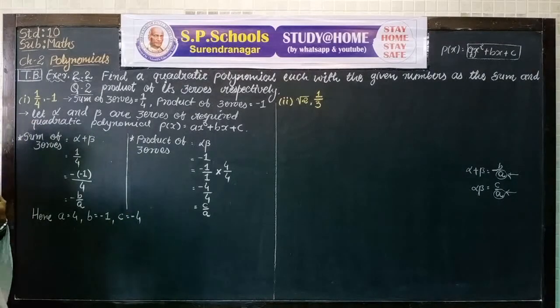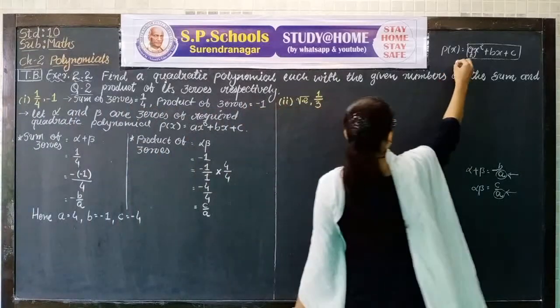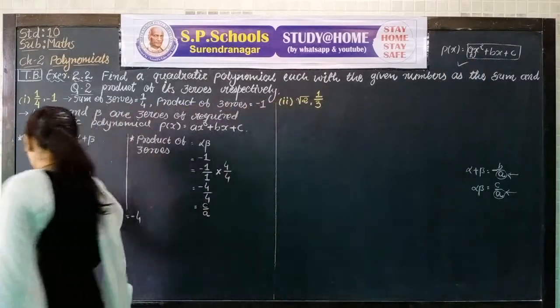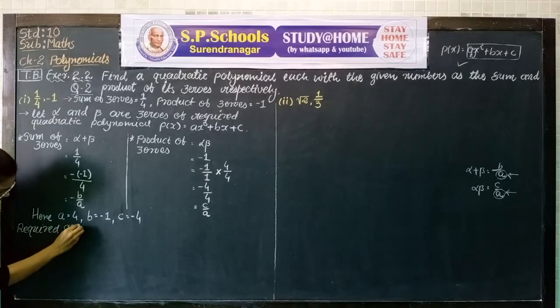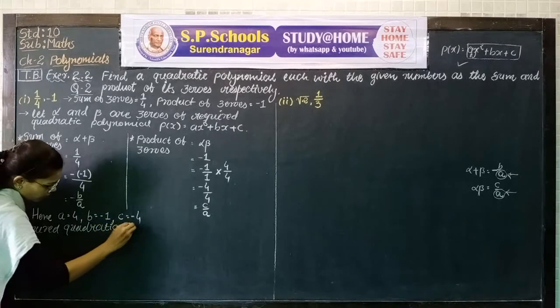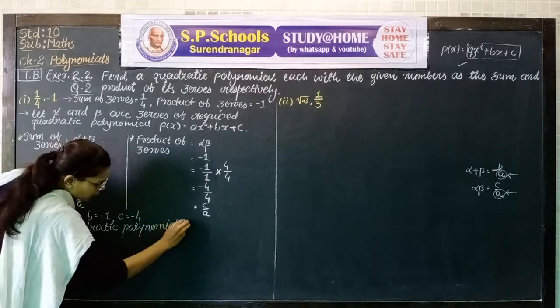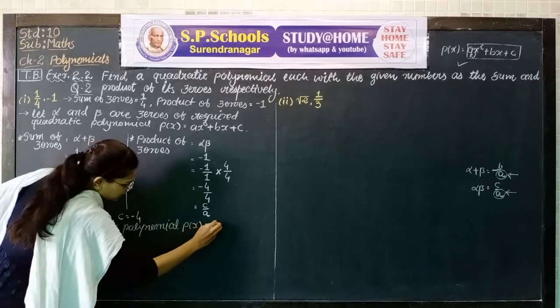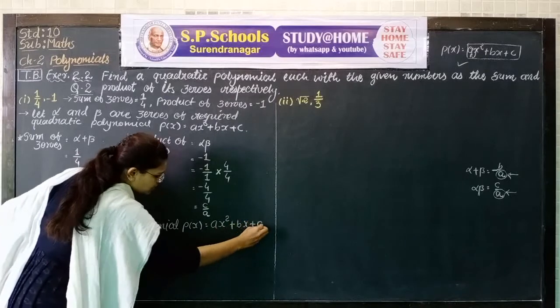Now we substitute the values of a, b and c in the standard form of the quadratic polynomial. The required quadratic polynomial p of x is equal to ax square plus bx plus c.